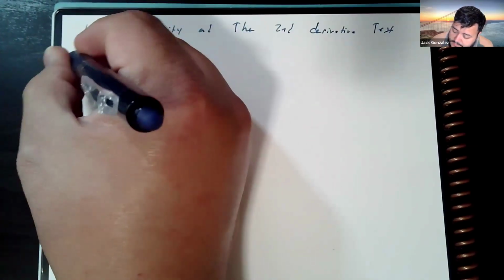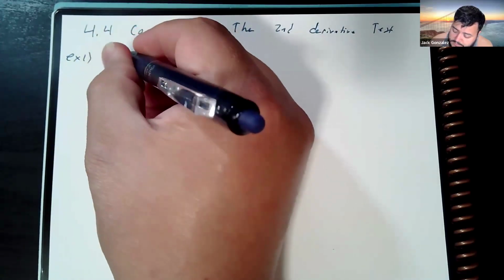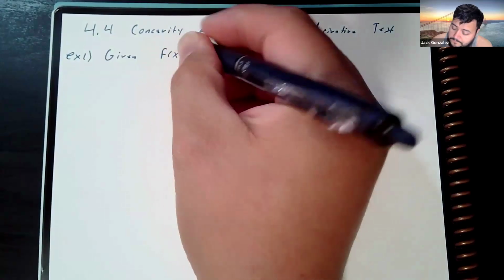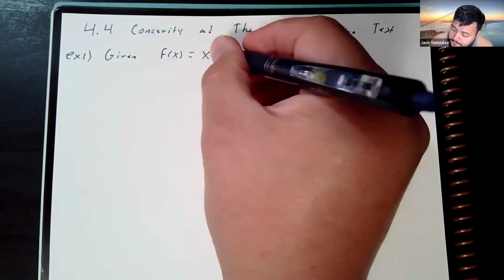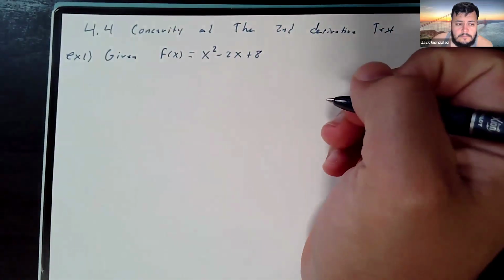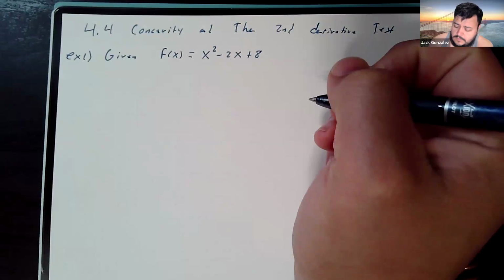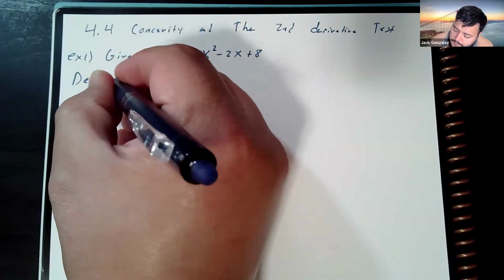So let's start with a basic parabola just because it's easy, and then we'll move on to some higher powered functions. Okay. So the question is, determine the intervals when f of x is concave up or concave down.